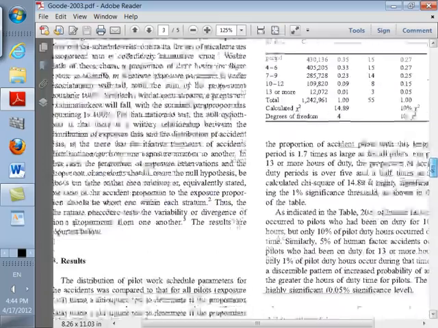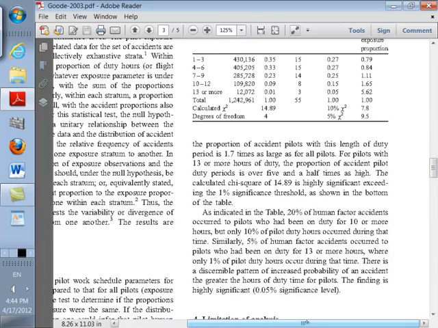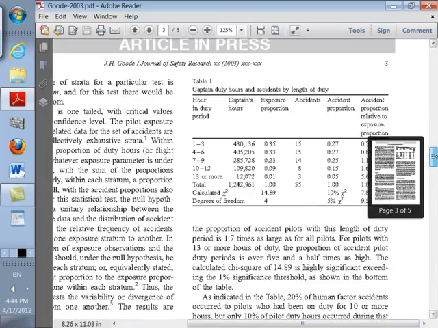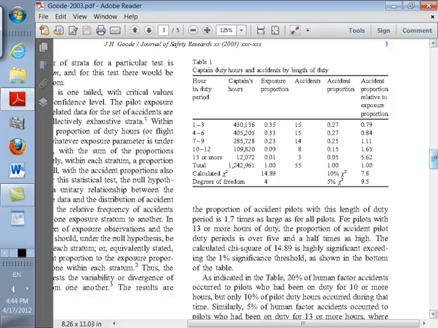there is a blah, blah, blah here. So it says captain duty hours and accidents by length of duty. So those are data that were collected by major airlines, major commercial airlines, which are certified to carry passengers in the United States.